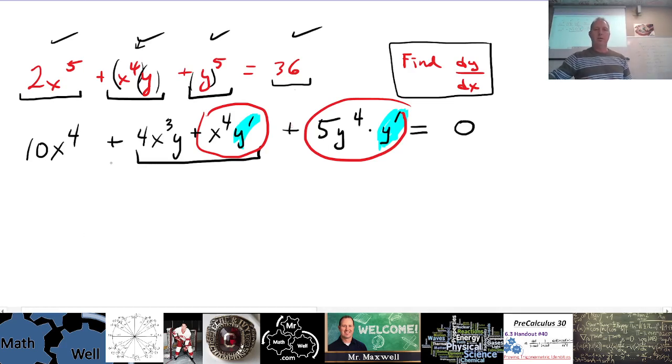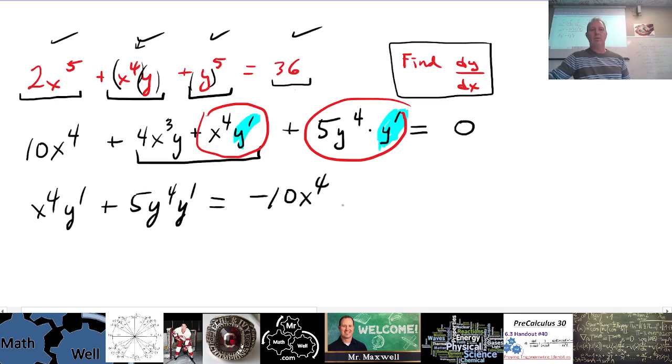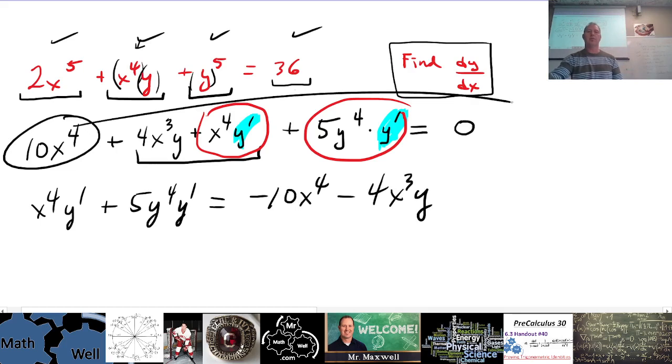So I'm going to write x to the fourth y prime plus 5y to the fourth y prime on the left side, and everything else is going to be on the other side. So negative 10x to the fourth minus 4x cubed y. I just got this term over to the other side, and I got this term over to the other side.